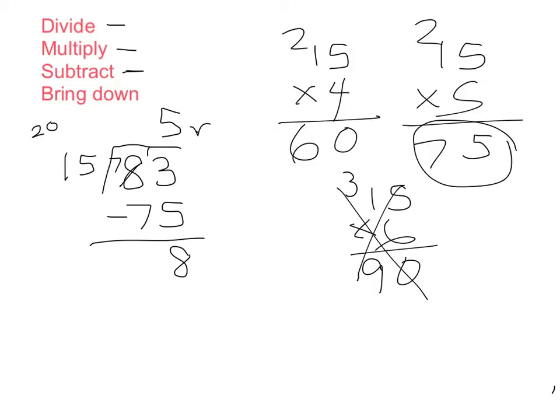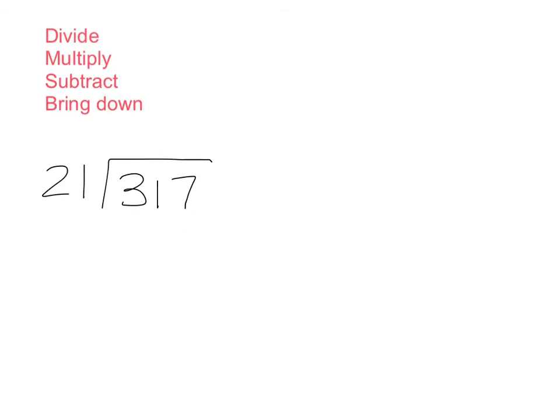I don't have any more numbers off to the side over here to bring down, so my final answer is 5, remainder 8. We'll try a 3-digit number by a 2-digit number, remembering our divide, multiply, subtract, bring down. So 21 is really close to 20. So 20 doesn't go into 3, so I'm going to skip this spot. It does go into 31, so my first digit's going to go right here.